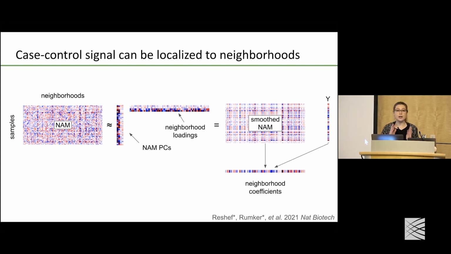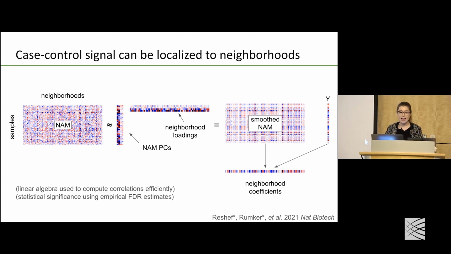And then we compute the correlations between abundance per neighborhood in this smoothed NAM and the attribute of interest. And these become our neighborhood coefficients per neighborhood in the model. And again, there are some details to work out here. Namely, we use some linear algebra to compute these correlations efficiently, and we develop a notion of significance for each of these per neighborhood local associations.